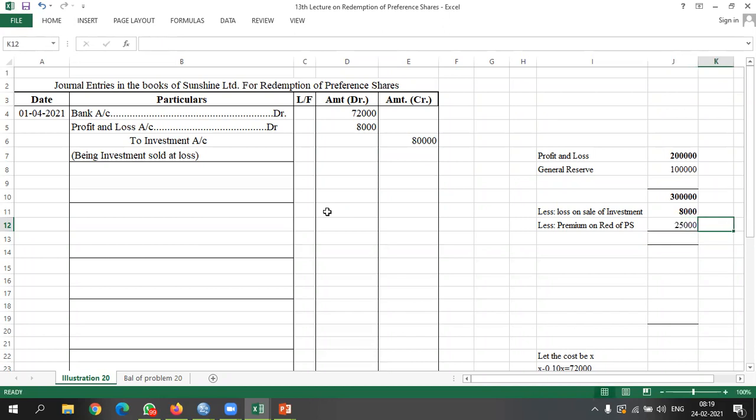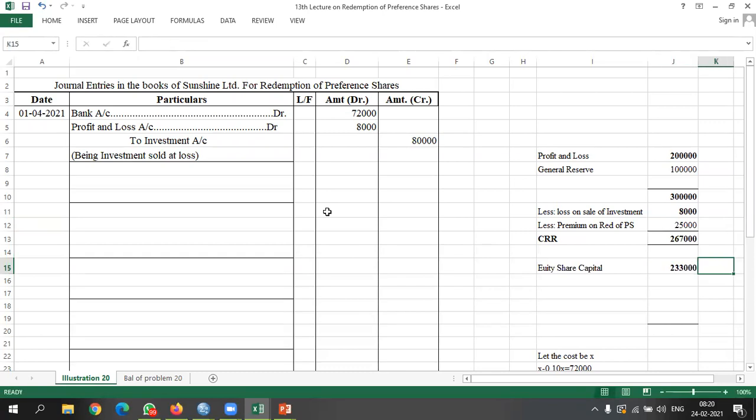After deducting these two things, the fund available to create a CRR is 2 lakh 67,000. The balance will be arranged by issue of equity shares. So the equity share capital we will issue is a sum of rupees 2 lakh 33,000.